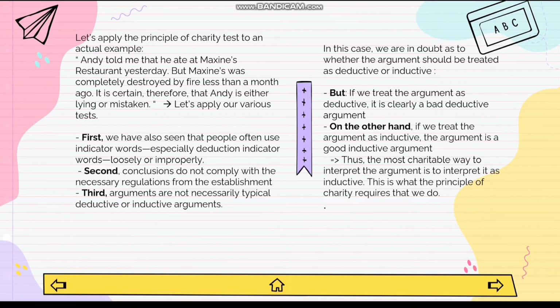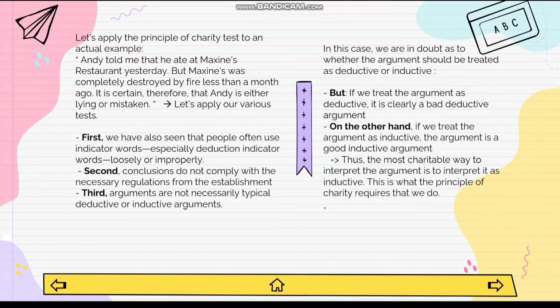But if we treat the argument as deductive, it is clearly a bad deductive argument because the conclusion plainly does not follow necessarily from the premise.